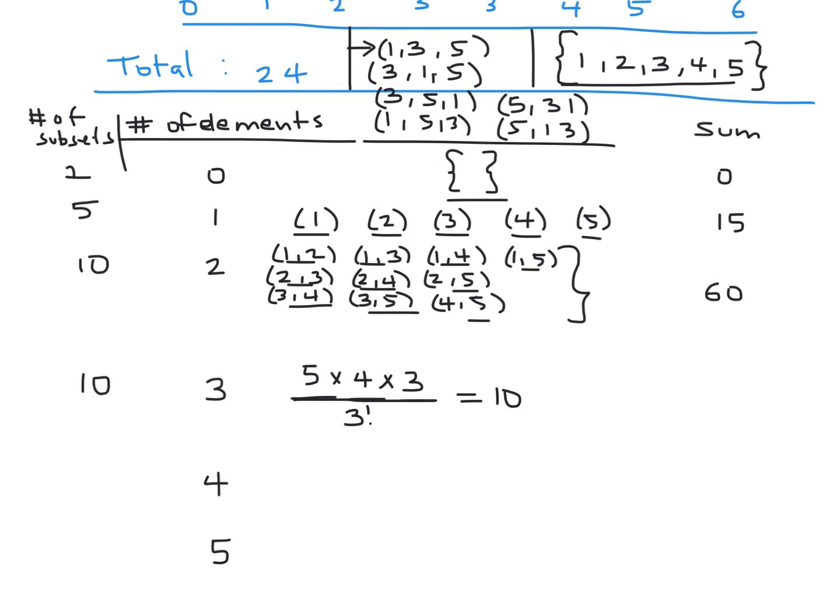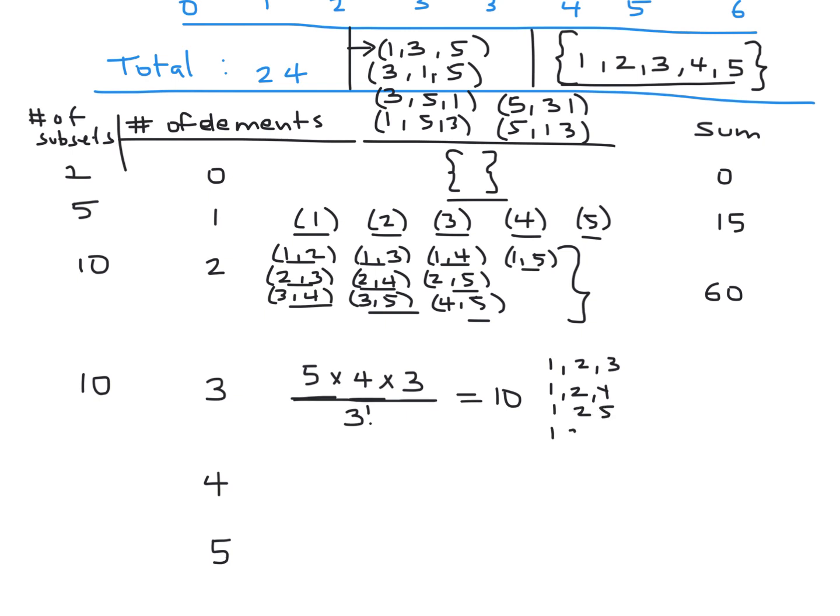And now we have to come up with the sum. How do we come up with the sum? Oh, since there's only 10, I got to list them all. Oh boy. All right, I'll list them. 1, 2, 3. I wish there was a faster way. 1, 2, 4. 1, 2, 5.